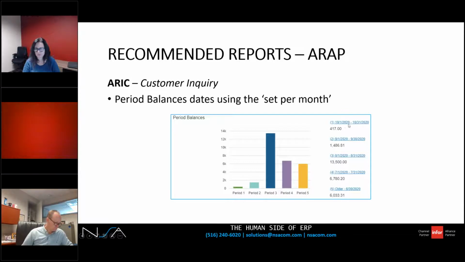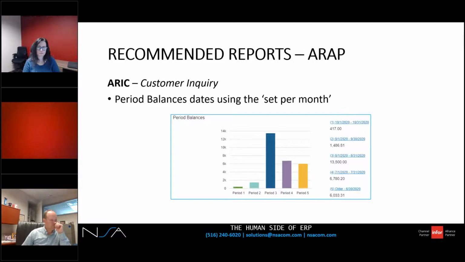So October 1st to October 31st, September 1st to September 30th, instead of an odd combination of, I don't know, 9/30 to 10/30 or something like that. So that's how you would use ARAP to do that for you in an automated fashion so that you had clean months when you're looking at this for display.